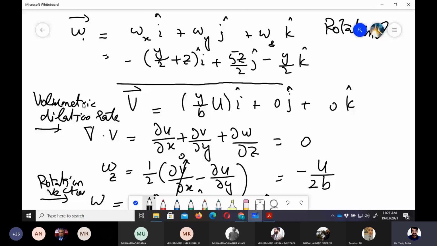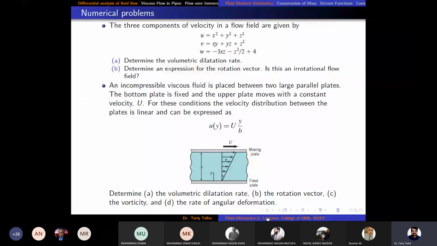Now we are going to start deriving the Navier-Stokes equations, which are the set of continuity, momentum, and energy equations. First of all, we would apply the conservation of mass principle to the system. But before we do that, there are some homework problems from the Munson book, which are 6.2, 6.3, 6.6, 6.8, and 6.10.